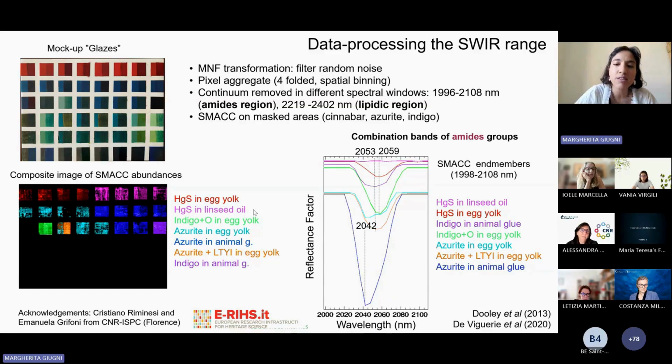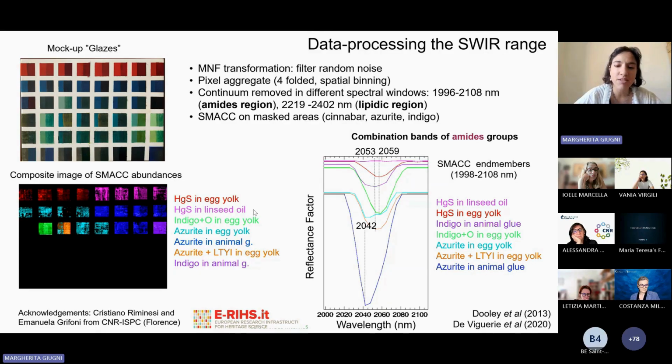As you can see, different end members related to proteinaceous binder of the paint were extracted in this region alongside a feature from azurite. And it was possible, for example, as seen in the mapping on the left, to distinguish cinnabar in egg yolk from the one in linseed oil, as well as azurite in egg yolk or in animal glue.